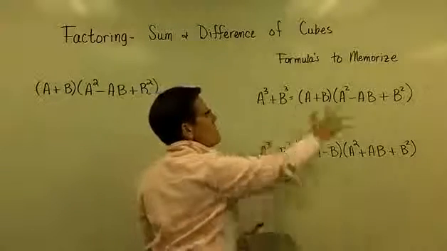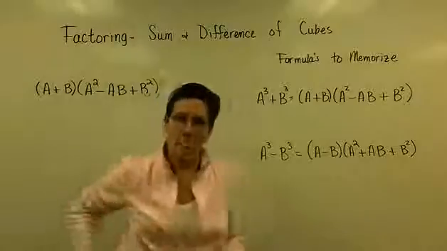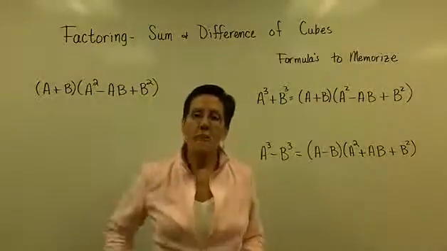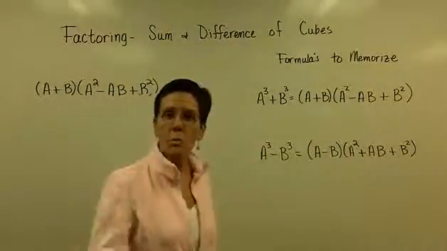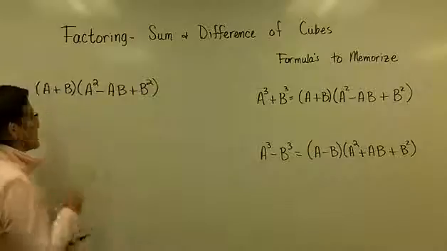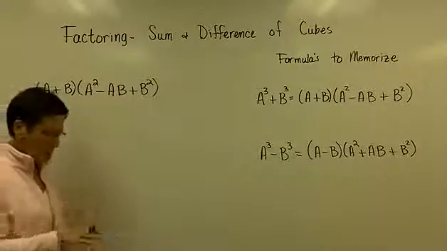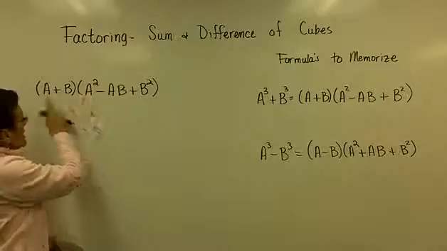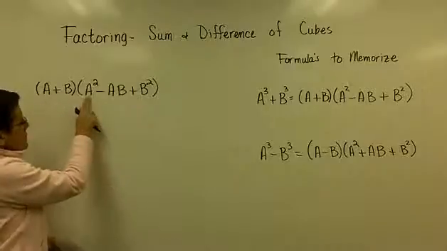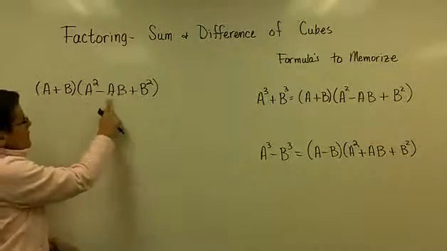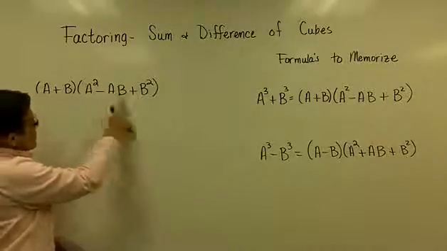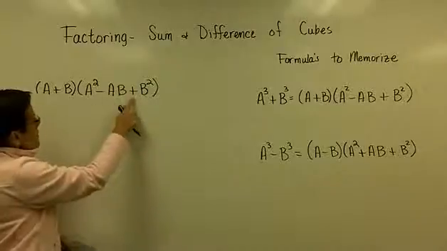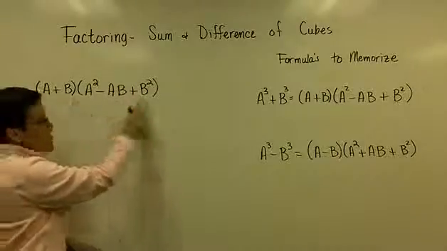I'm going to come to this in a minute. These two formulas need to be memorized if you're going to be able to factor a sum or difference of cubes. Let's come over here to the left for a minute. Mathematicians saw this binomial, a plus b, times this first term squared minus those two values, their product, plus this last term squared.